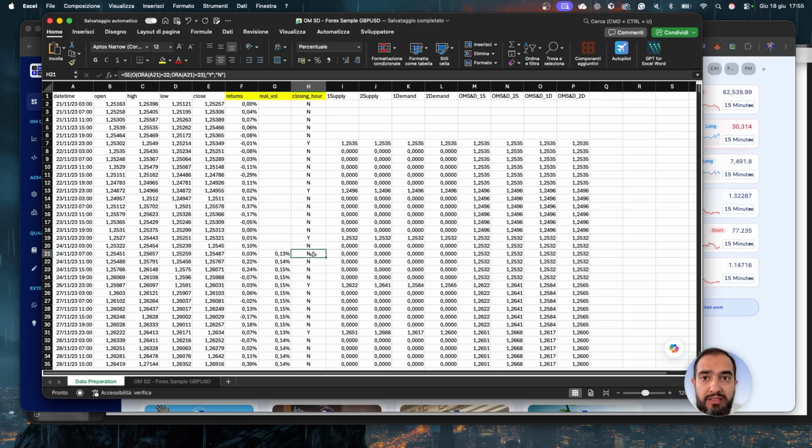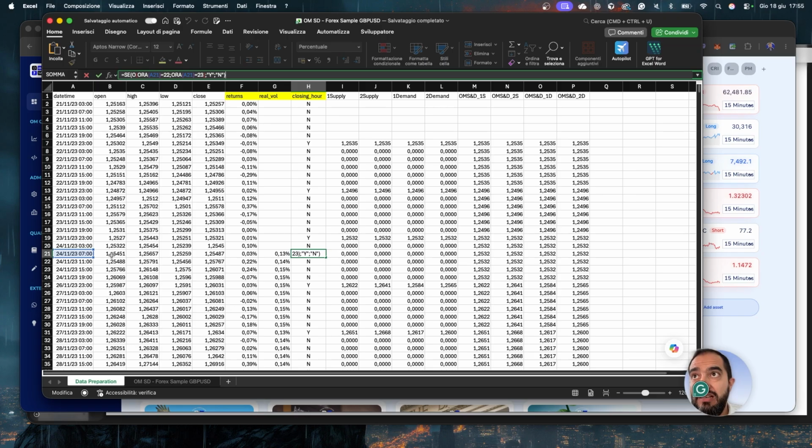I am on the Central European time zone, so to me that particular market closes at 22 or at 23. It depends if we are in summertime or not. So I do a very simple logic.